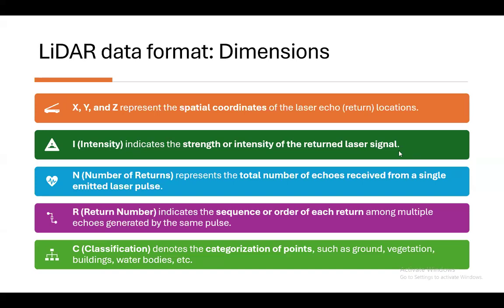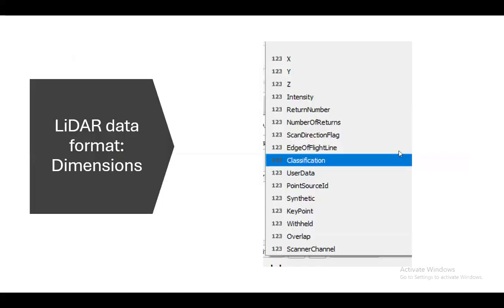R is the return number, which indicates the sequence or order of each return among multiple echoes. And C is the classification, whether it is ground, a water body, or a building. That can be identified with the classification code.